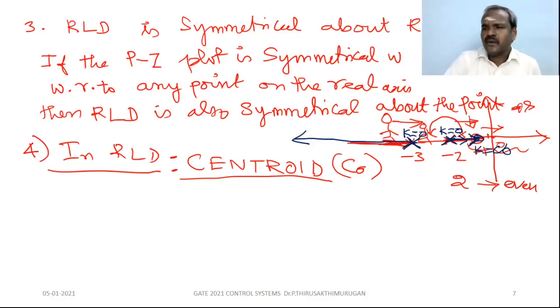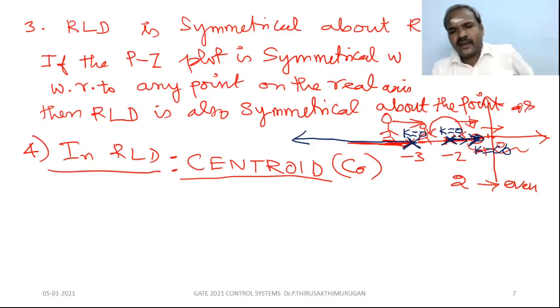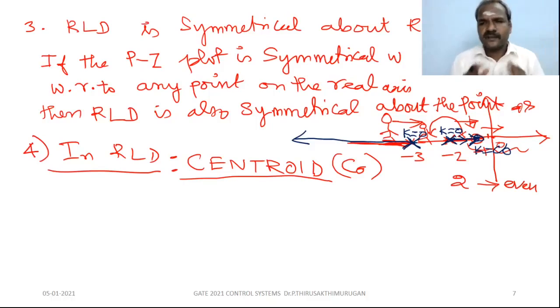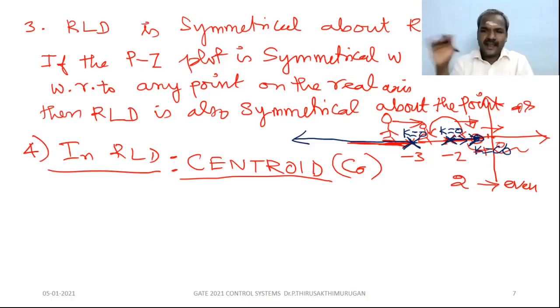Sorry. So the centroid is the intersection of two asymptotes. It always lies on the real axis. The asymptotes are also symmetrical. The centroid point should be real.